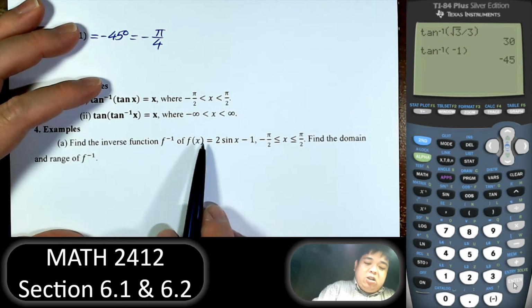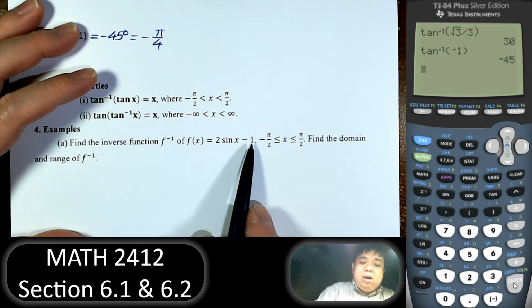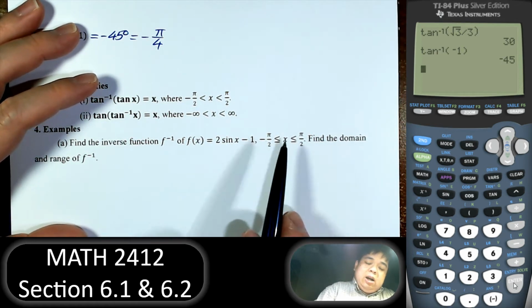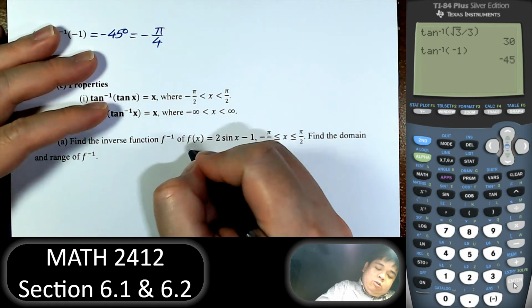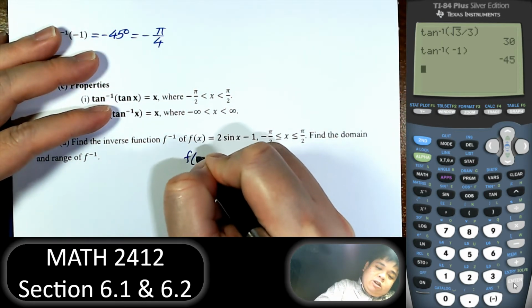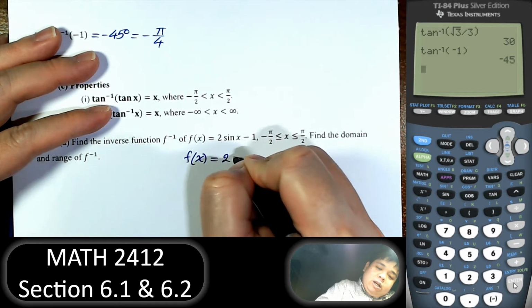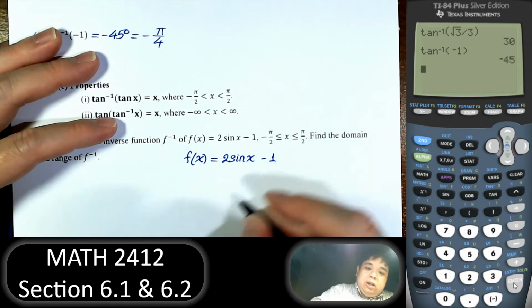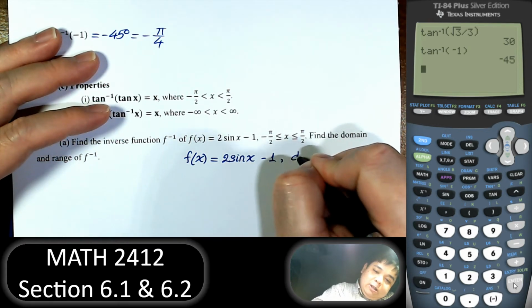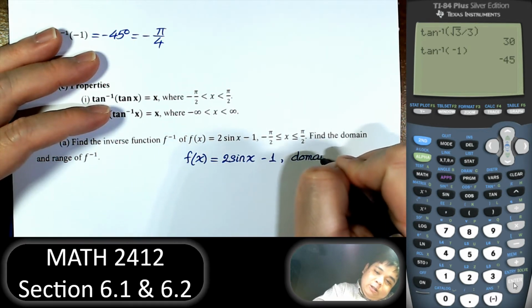Find the inverse function of f of x equals 2 sine x minus 1. Of course, we still need the function to be one-to-one. So let's write it out. The function 2 sine x minus 1. The domain of this is what?